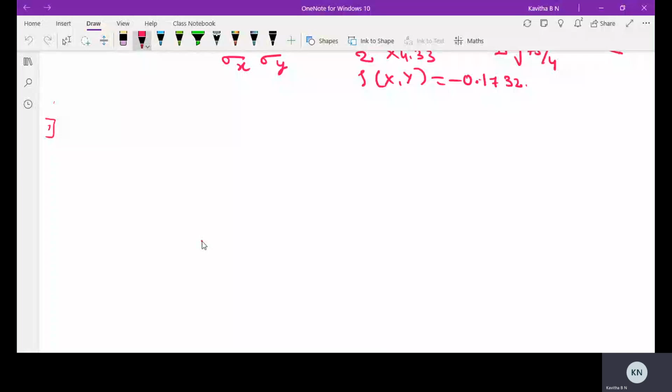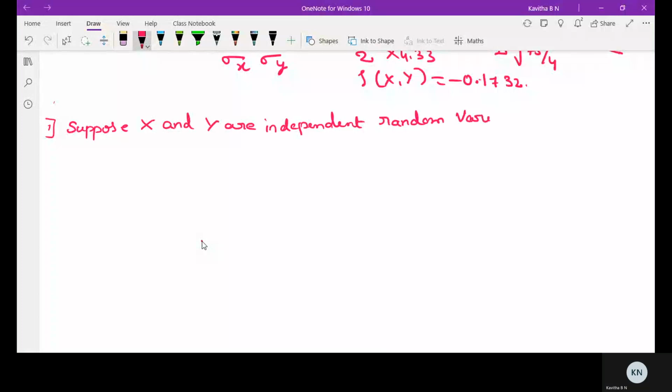Okay, then we start the problem. Suppose capital X and capital Y are independent random variables with the following respective distributions.